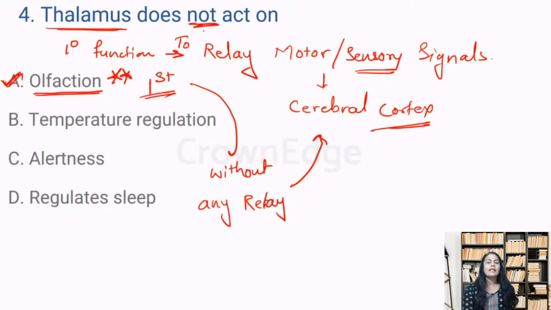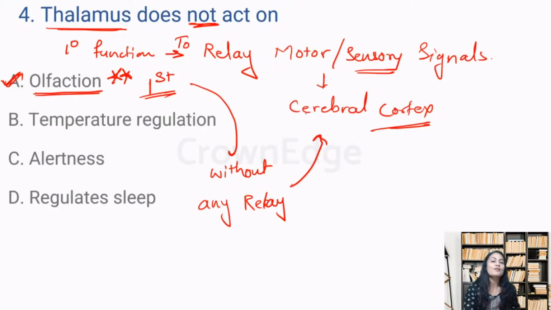Now there is one more new theory that the thalamus is involved. It is not acting, it is involved. The new theory says that the smell is processed inside my brain in the cerebral cortex, whether it is a sweet smell, a pungent smell, or the smell of the perfume of my crush.